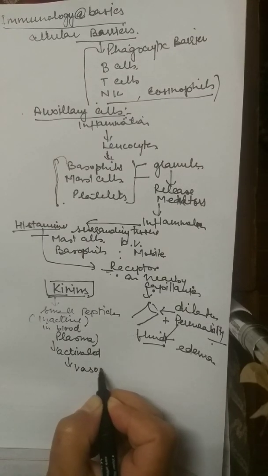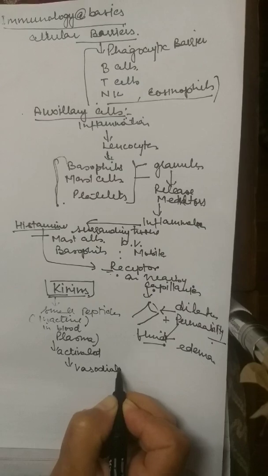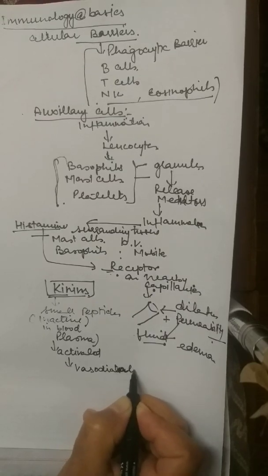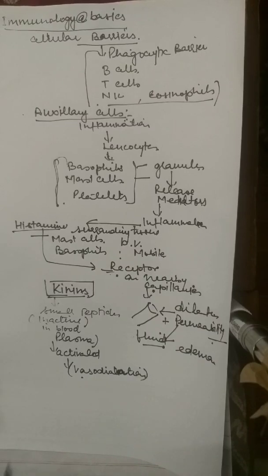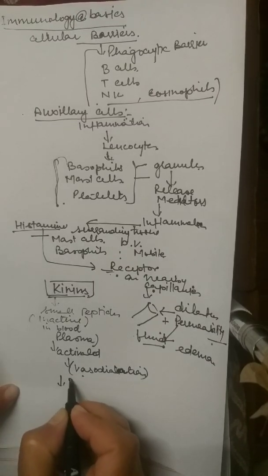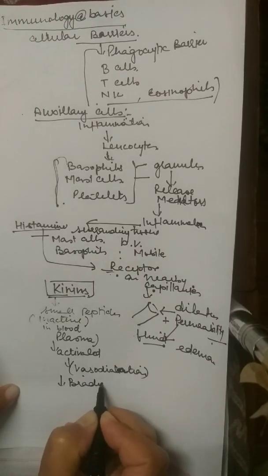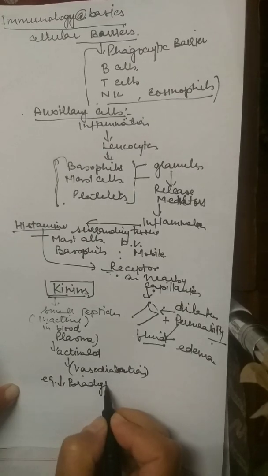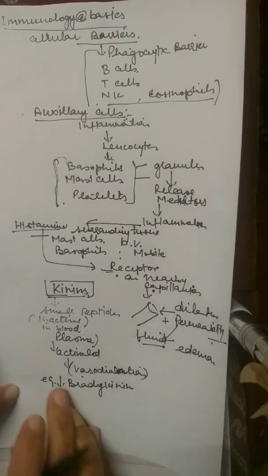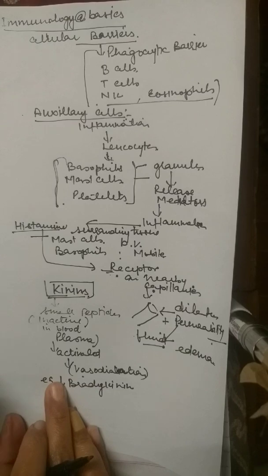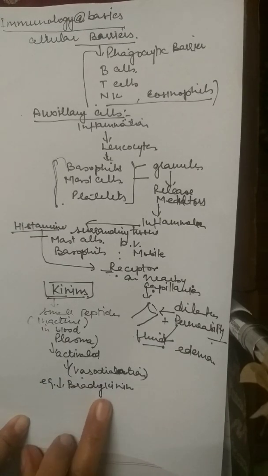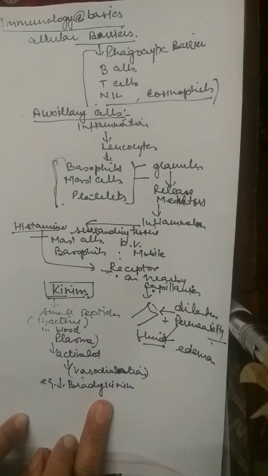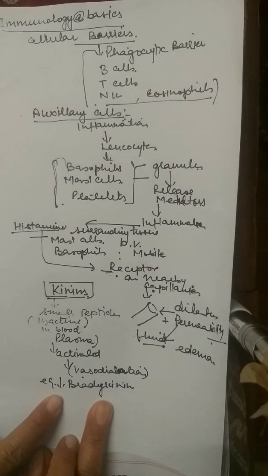They would result in vasodilation. One example of kinin is bradykinin. Bradykinin stimulates the pain receptors in the skin. So that is also a kind of immune response of the body.